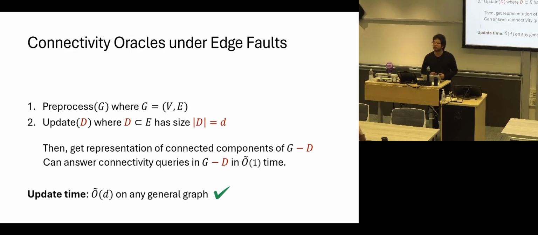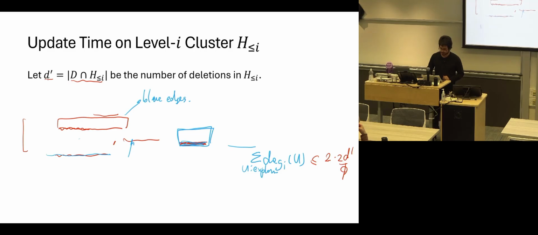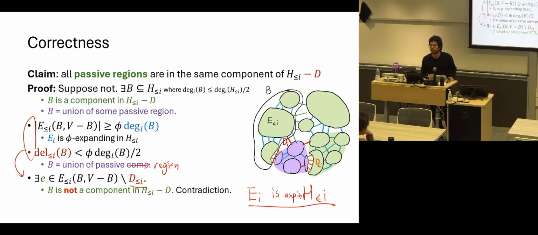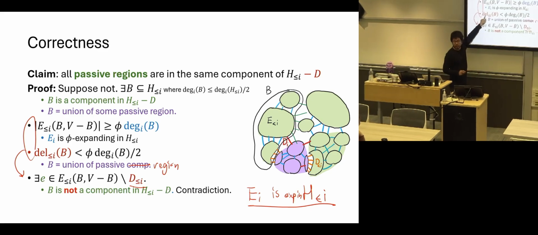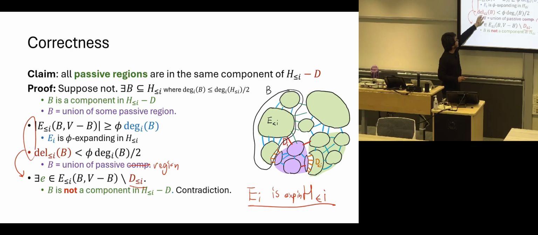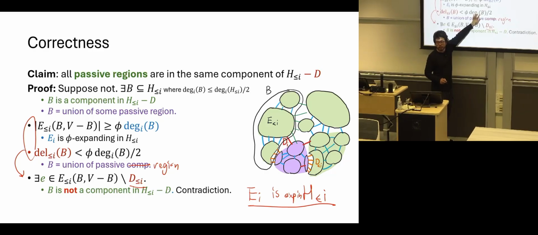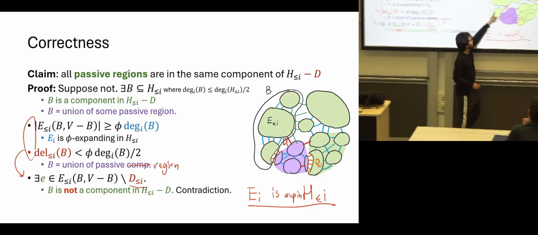Sorry, can we go back to the previous slide? The slide before this. Yeah, so where do we use the fact that B is not the entire union of all the passive regions? Oh, here. We need it here. The reason that the number of deletions is small compared to blue edges is because each of these is passive.